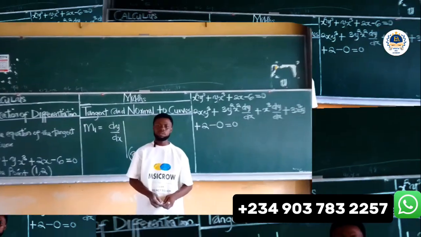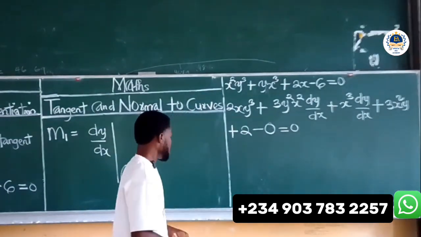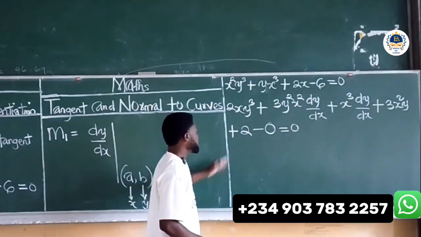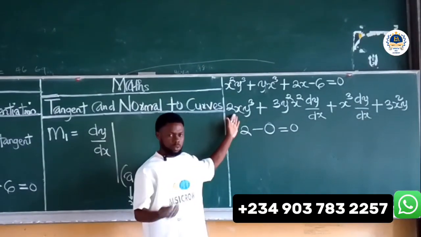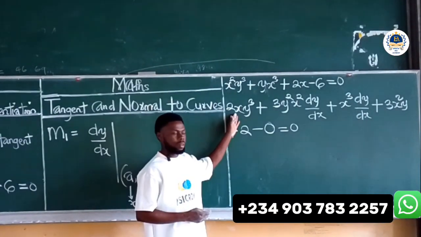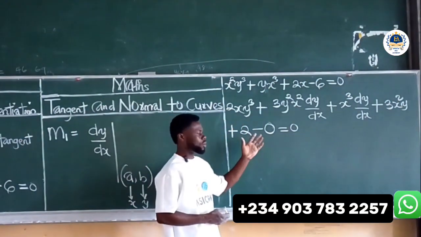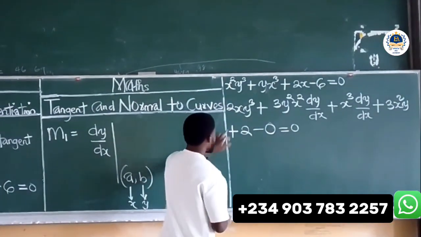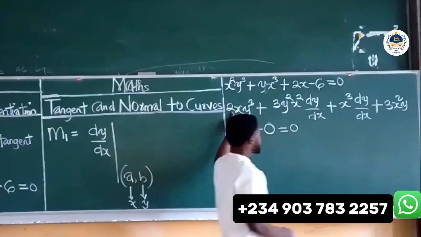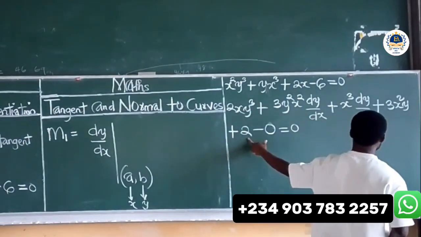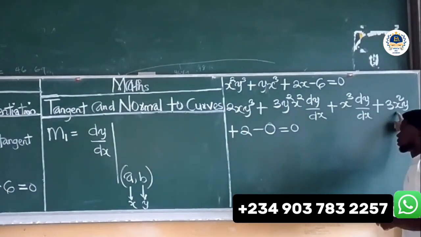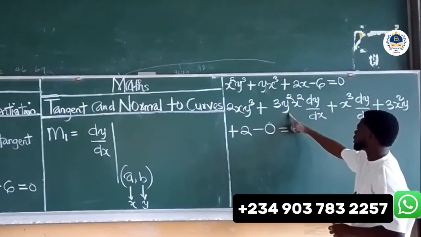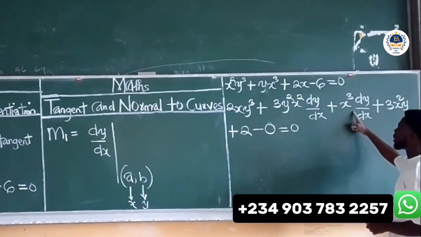Next is collection of like terms. We are going to bring the derivatives of the x variables into one bracket and the derivatives of the y variables into another bracket.